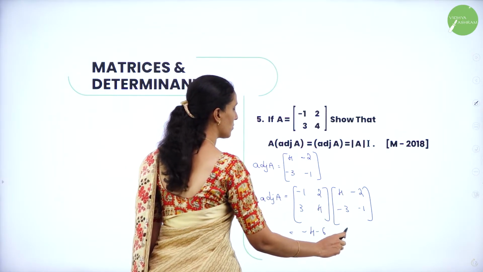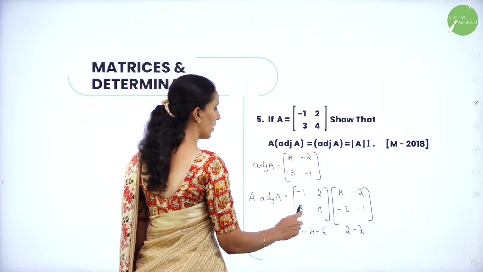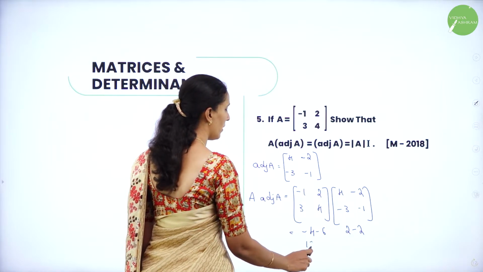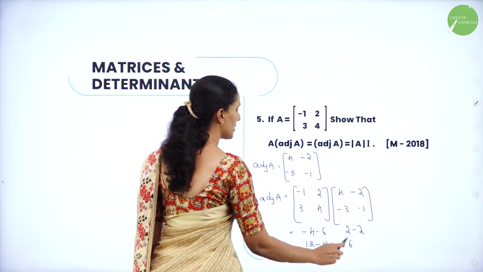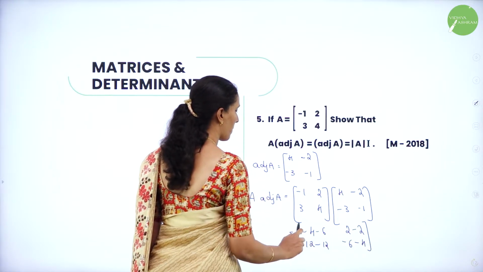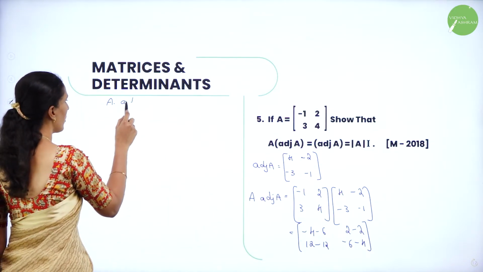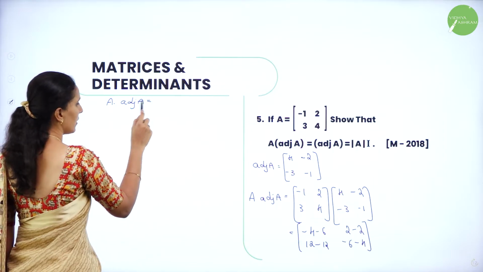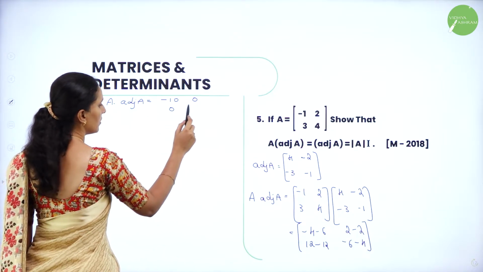Minus 1 into minus 2 plus 2 into minus 1 is minus 2 plus 2. 3 into 4 is 12 minus 12. Next, 3 into minus 2 is minus 6. 4 into minus 1 is minus 4. So, we get A into adjoint A is equal to minus 10, 0, 0, minus 10.